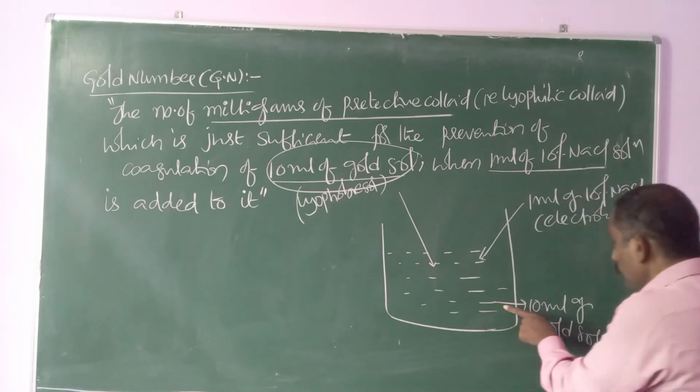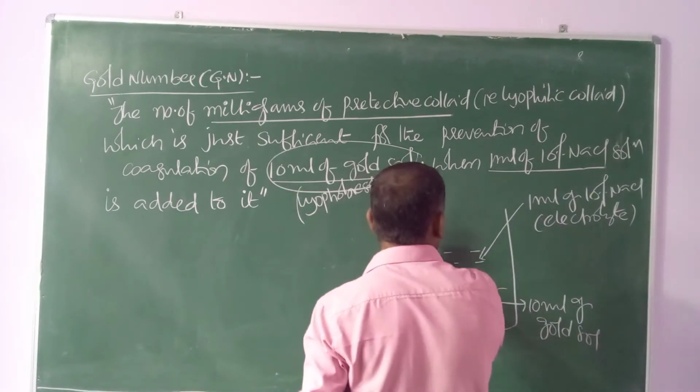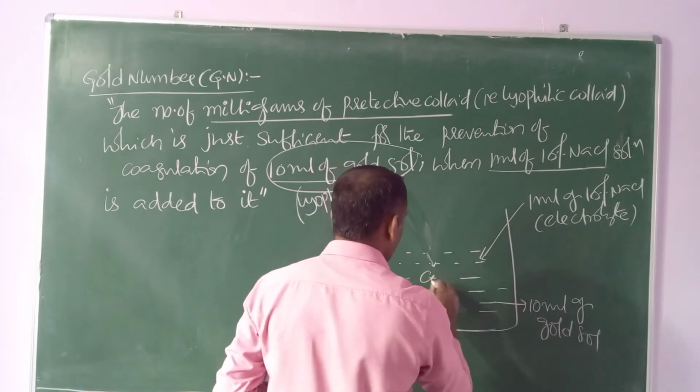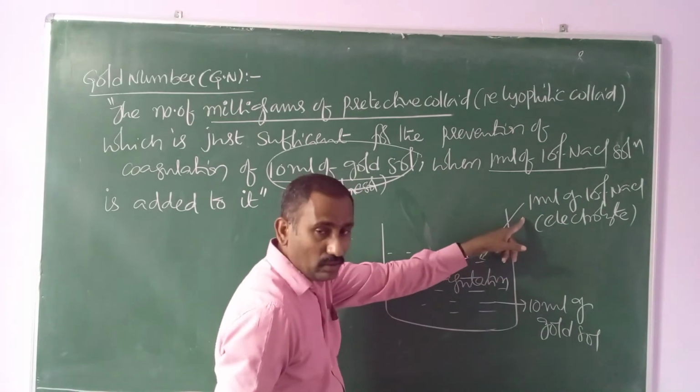Again I am repeating, to the 10 ml of gold sol, if you directly add 1 ml of 10% NaCl solution, immediately coagulation takes place because the electrolyte is added.